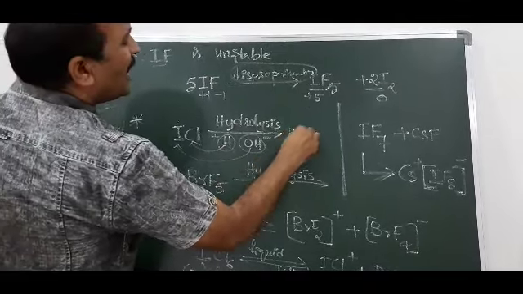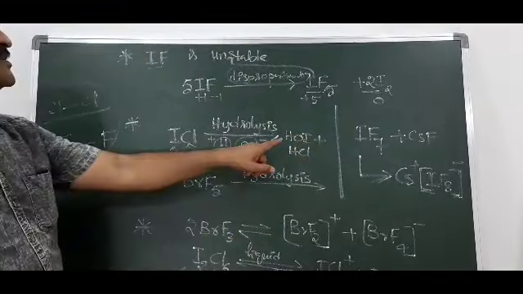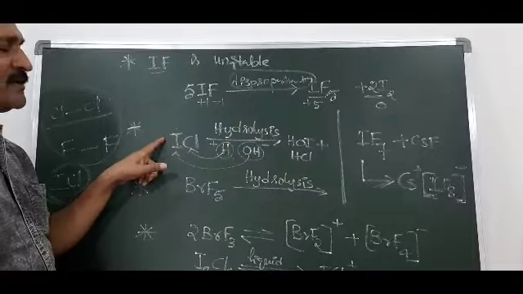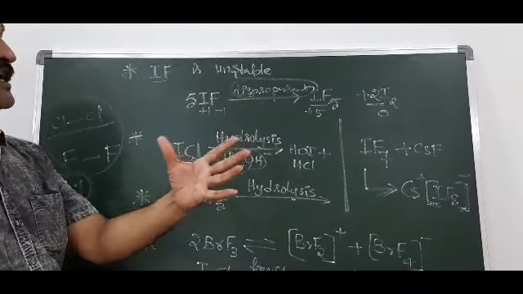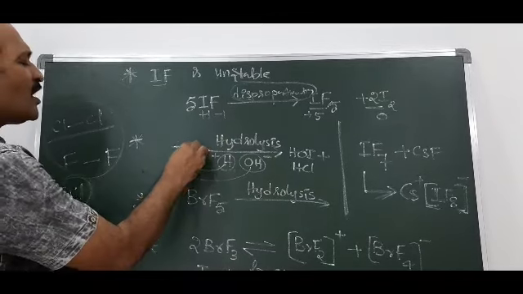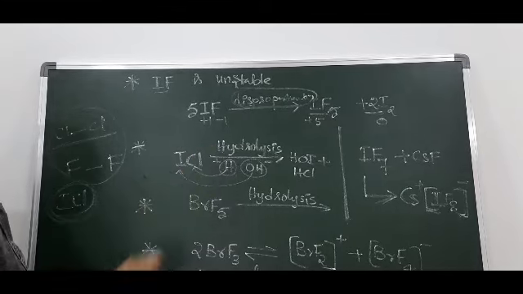So HOI and HCl are the products. That means oxyacids are formed by the central atom, the less electronegative and larger halogen, iodine, and normal hydrogen acids are formed by the more electronegative halogen.